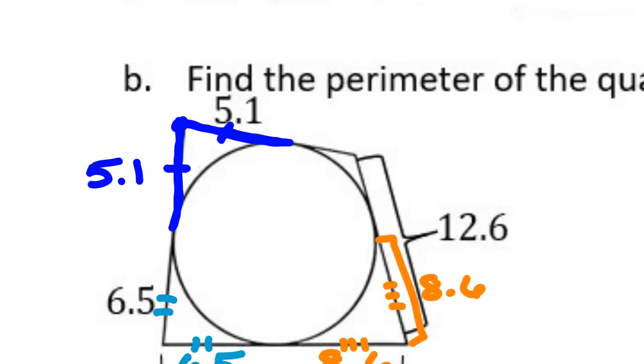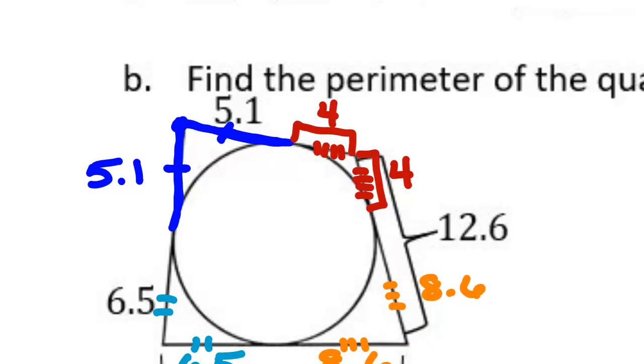So if that is 8.6, how big is this? And I know I didn't make them touch, I should. 4. So how big is this? 4. Do I have enough information now to figure out how big this quadrilateral is?